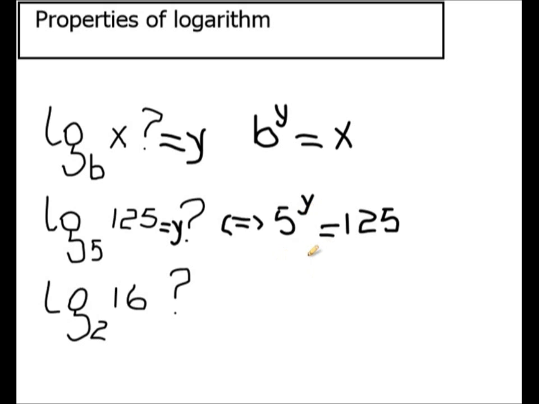So 5 to the power of y equals 5 to the power of 3, because 5 times 25 gives you 125. So y equals 3 here.